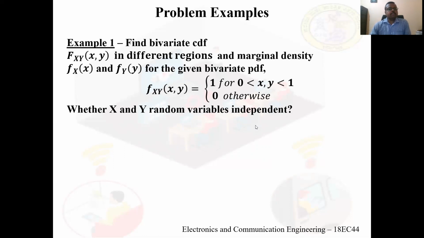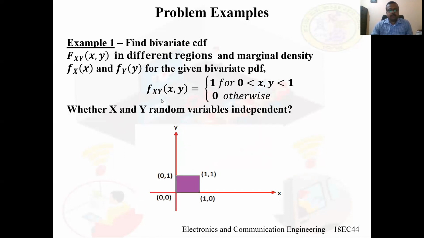First, you need to find F_XY(x, y) in different regions. Just by looking at this, we know that the given PDF is nothing but a square. The square is represented here. It means that the values of x and y lie in this shaded square region.